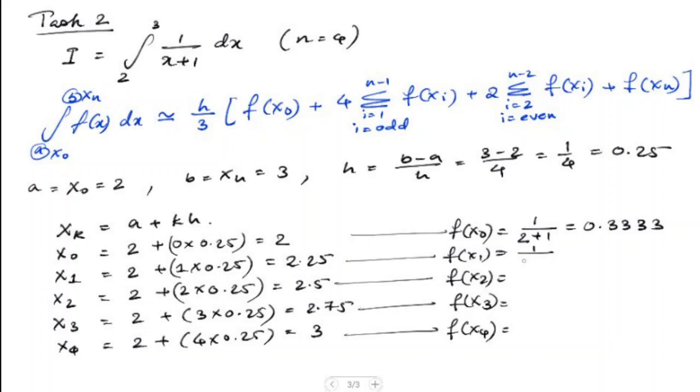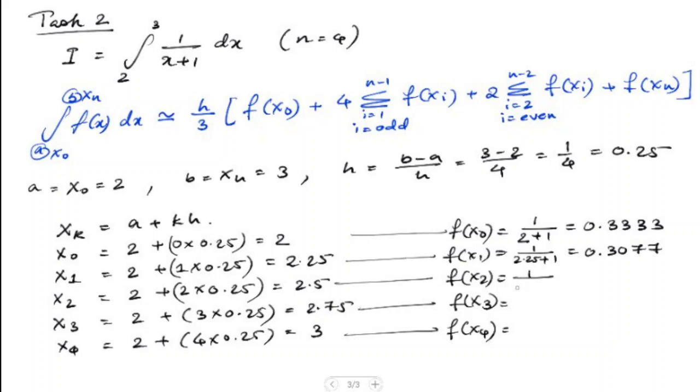For this one here we have the x1 value 2.25. Instead of x, we put in the value and add 1. This will give us 0.3077.